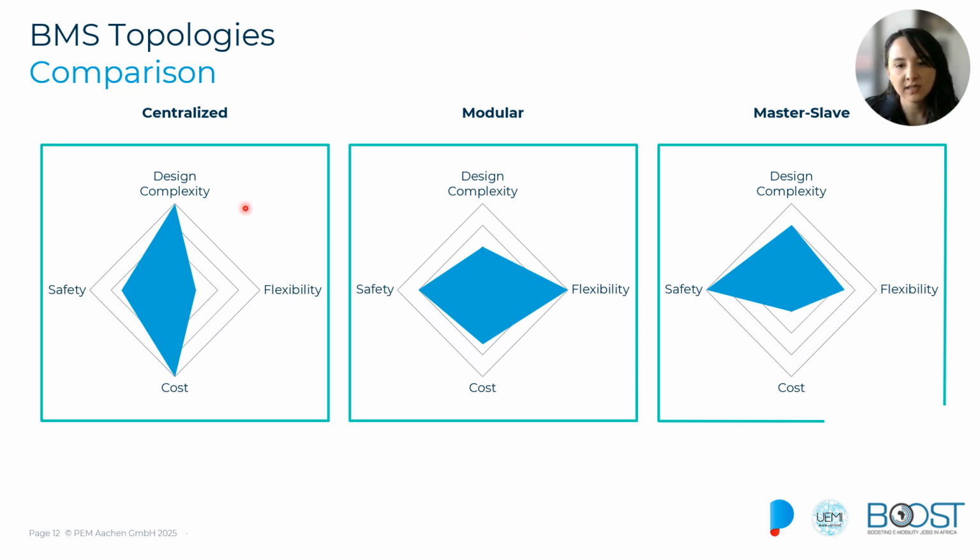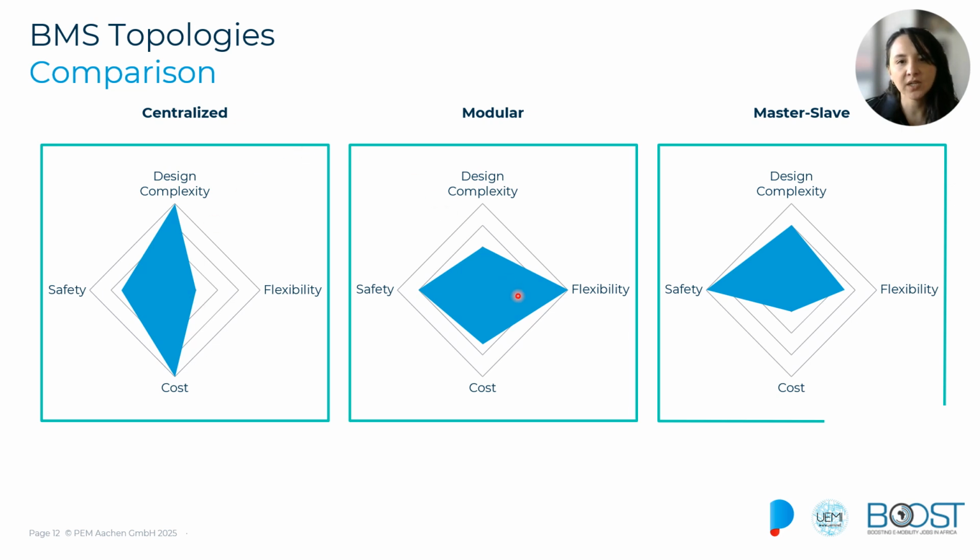In design complexity it is the most simplified system, and since it only has a single unit that controls everything, it is also the cheapest, so that's another advantage. However, the flexibility and scalability are limited. Because of that, it is more suitable for small systems.